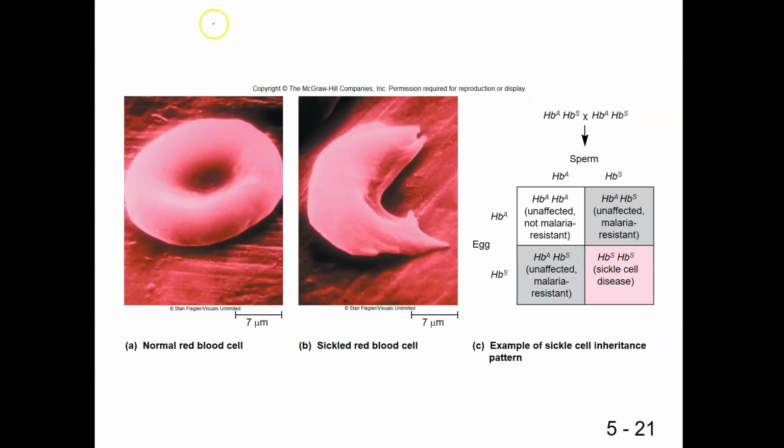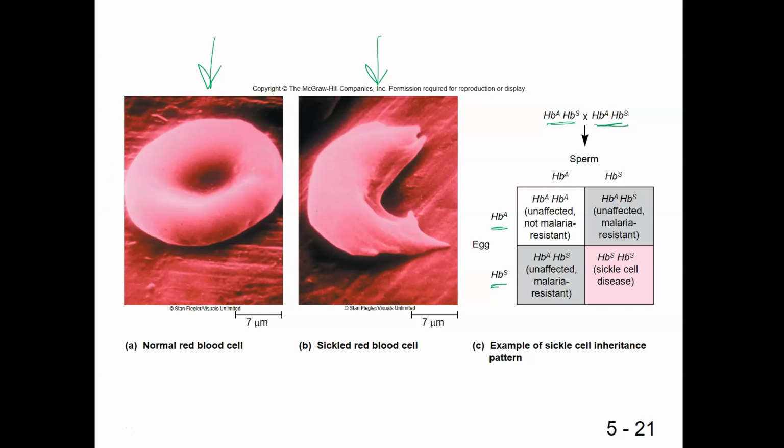So here's what a normal red blood cell looks like. Nice donut shape there, except the donut hole hasn't been totally popped out. And this is a sickled red blood cell. So in this case, when you look at the Punnett square here, you have two individuals, HbA and HbS, heterozygote, both mom and dad, and neither of them are going to be showing the effect of sickle cell anemia.